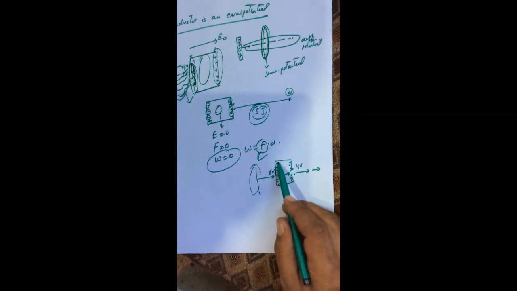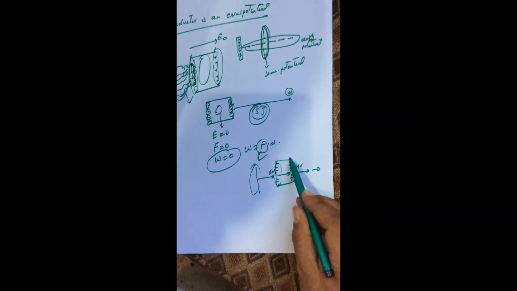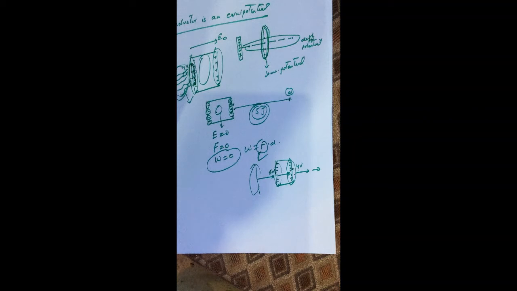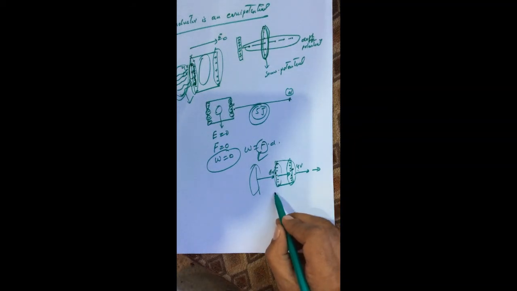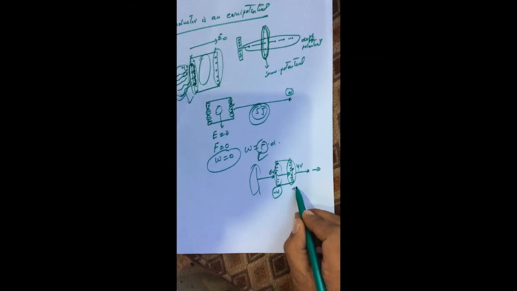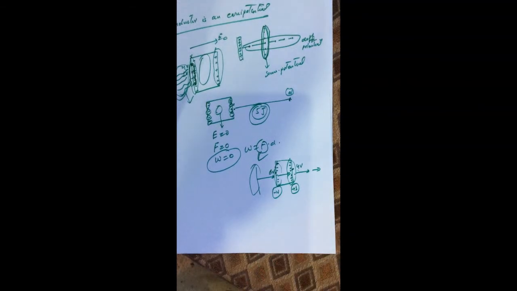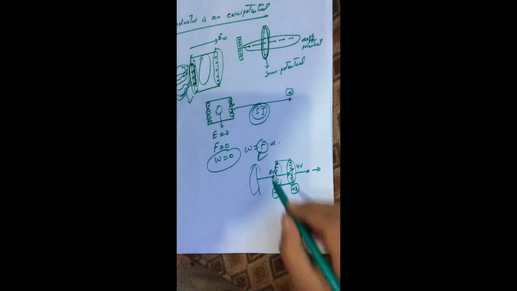Negative charges induce negative potential and positive charges induce positive potential. So these negative charges induce, let's suppose, minus 1 volt here, and these positive charges induce plus 1 volt potential here. Then what will happen?